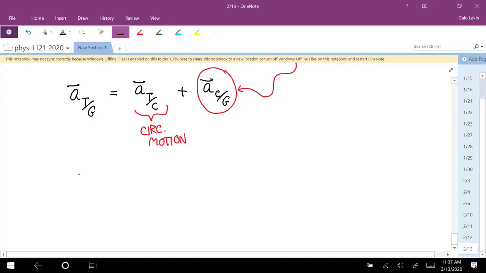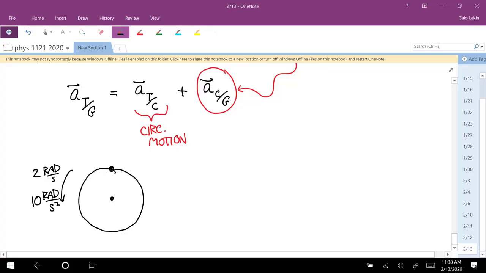All right, so to calculate the acceleration of the top relative to the center, let's think about that circular motion. So we have this thing that's moving this way at 2 radians per second and 10 radians per second squared. So we know the velocity direction is this way.